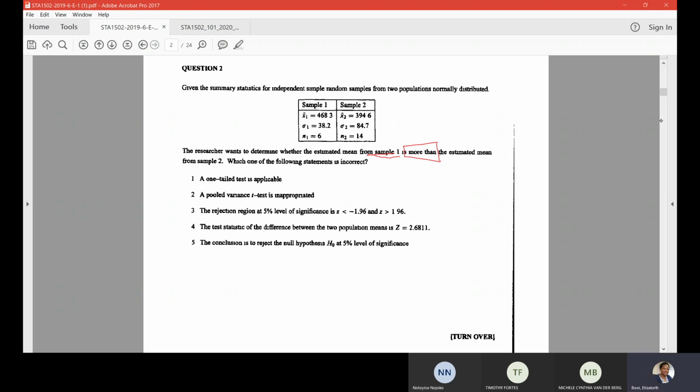Number 1, is it correct or incorrect? Based on this information, is this a one-tailed test or a two-tailed test? Yes, it's a one-tailed test. What are we going to be using? Are we using a pooled variance t-test?